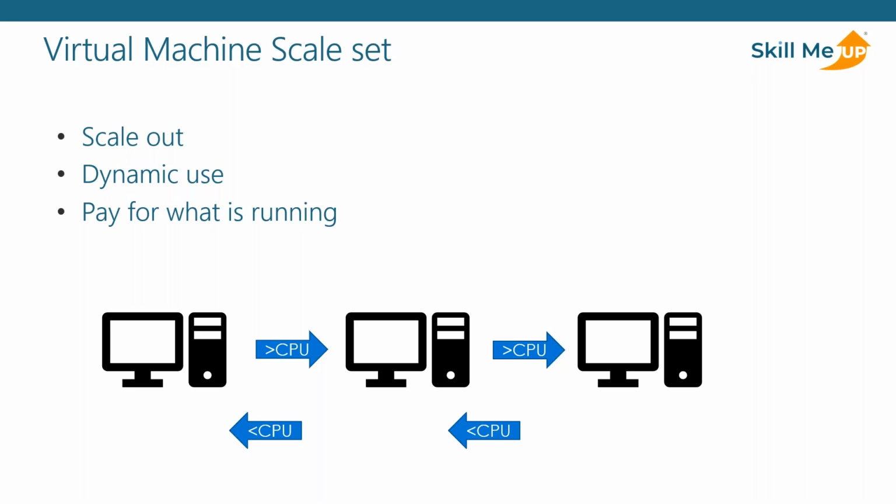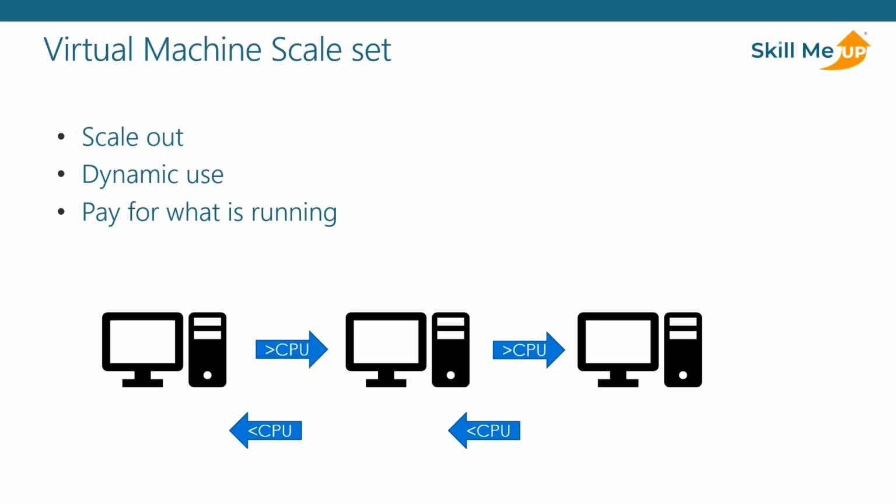There's scaling up and scaling down, which is generally increasing or decreasing the size of a virtual machine, or increasing or decreasing a subscription level, like for app services and things like that. And then there's scaling in and scaling out, which is adding or decreasing resources. So duplicating virtual machines or decreasing virtual machines is what scaling out and scaling in are. So that's what we're talking about when we're talking about a scale set. We're talking about a dynamic aspect around this.